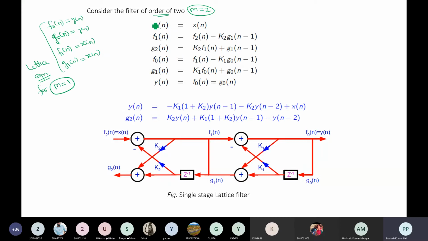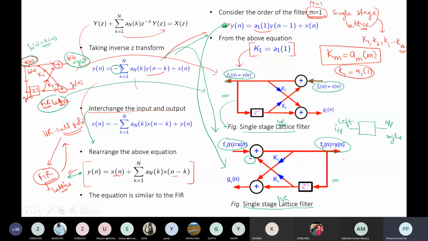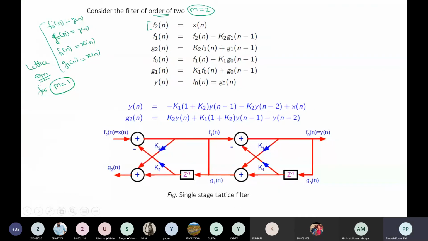At the output, f2 of n will be your input, and f1 of n will be similar to the equation that we have got. So one difference will be there in the function.